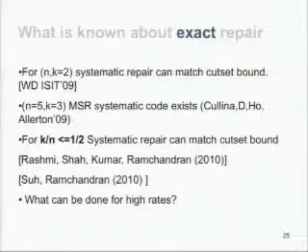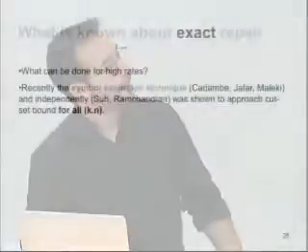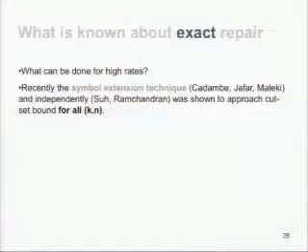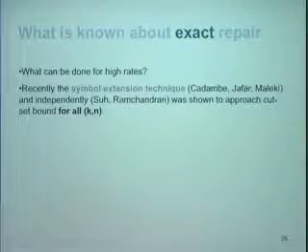And one obvious question is, for high rates, what can you do? Kadambe, Jafar, and Maleki showed, and independently Suh and Ramchandran showed, that you can approach, not match, approach the cut set bound for any n, k for the minimum storage point using a technique called the symbol extension technique.